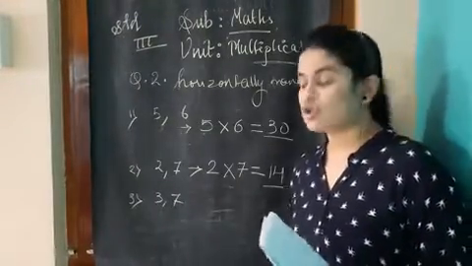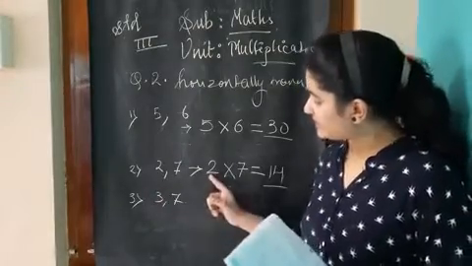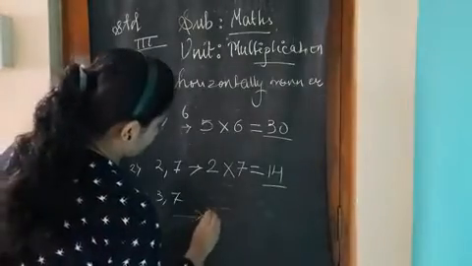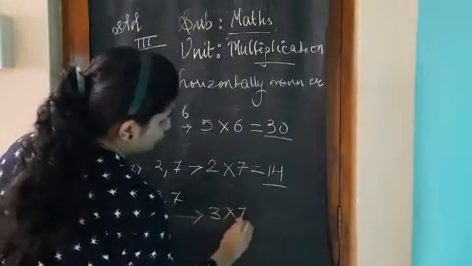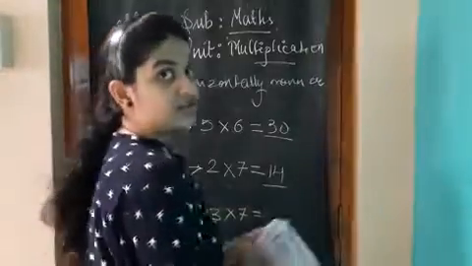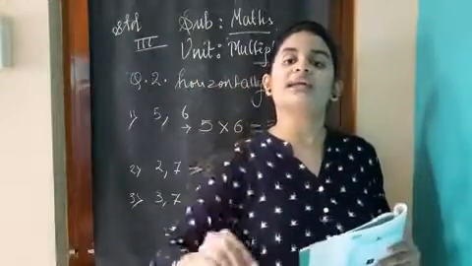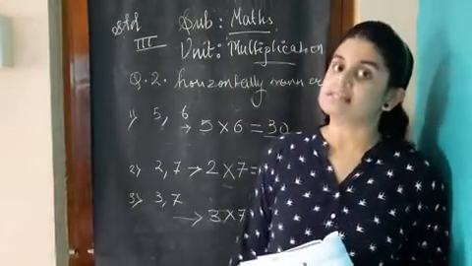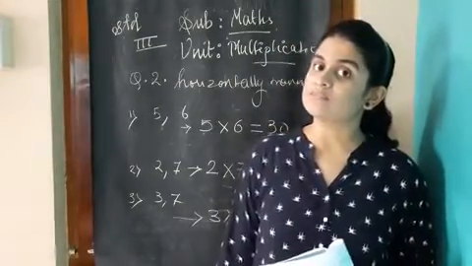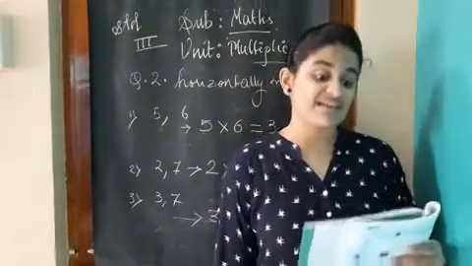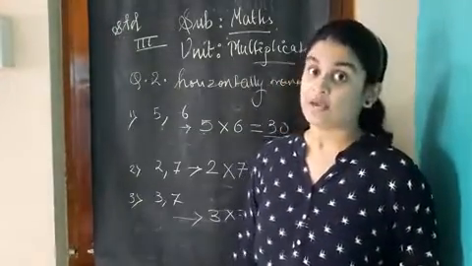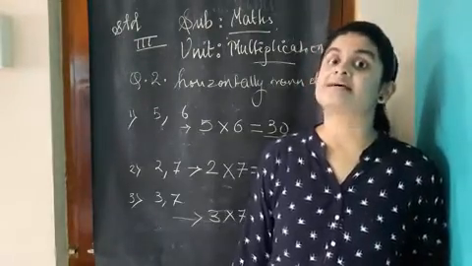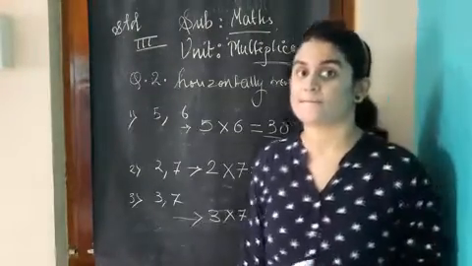Okay? Also, we will arrange these numbers in horizontal way. Let us arrange 3 into 7. Who will tell me what 3 sevens are? 3 sevens are 21, right? So our answer is 21.